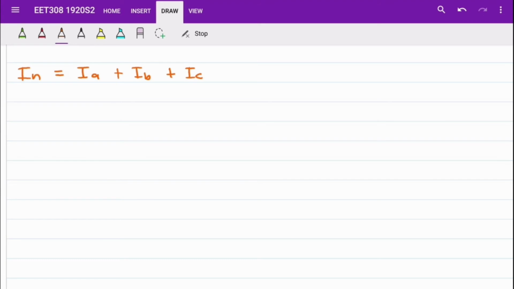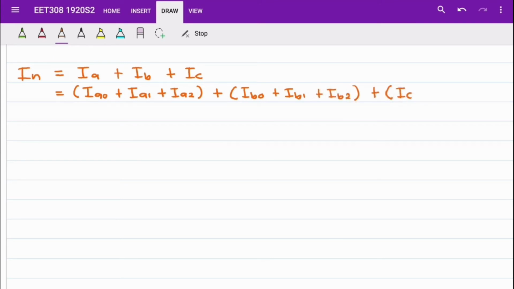Then we expand each of the phase currents to their symmetrical components. So IA equals IA0, IA1, and so on, and the same goes for IB and phase C.